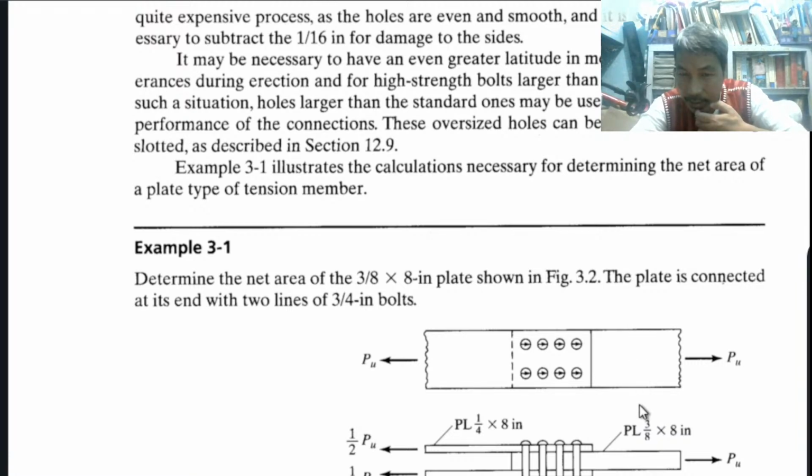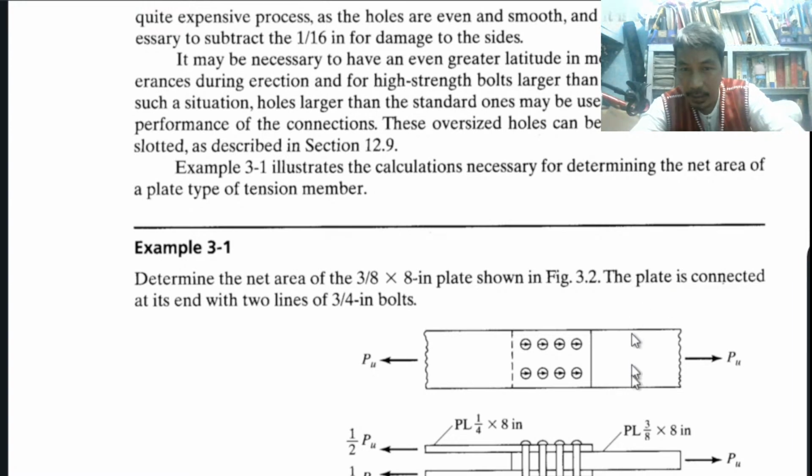This is the longitudinal direction. So the failure is transverse rather than longitudinal. Why? Because transverse is the shortest path. Shortest path meaning the weakest line.